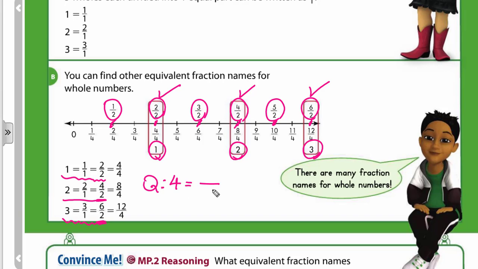How many halves? If you know the answer, just say your name. Anyone? Okay, Amir. 8. Excellent, Amir.